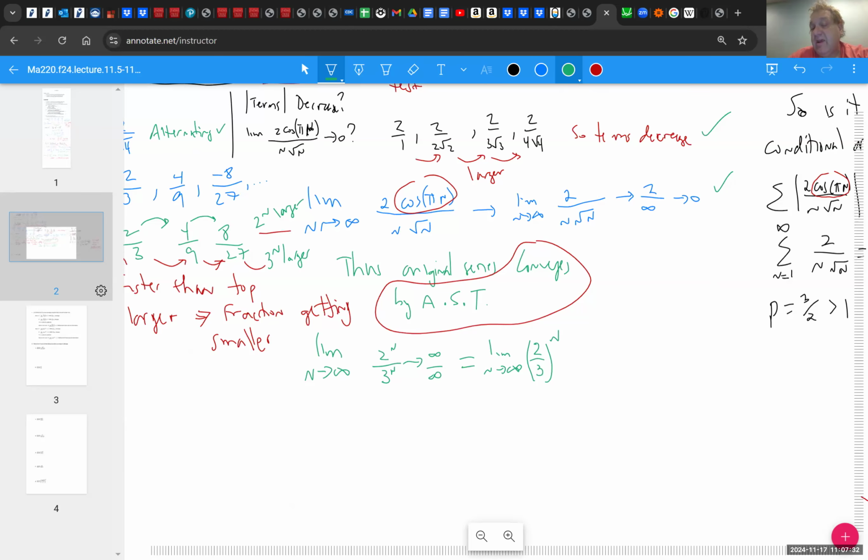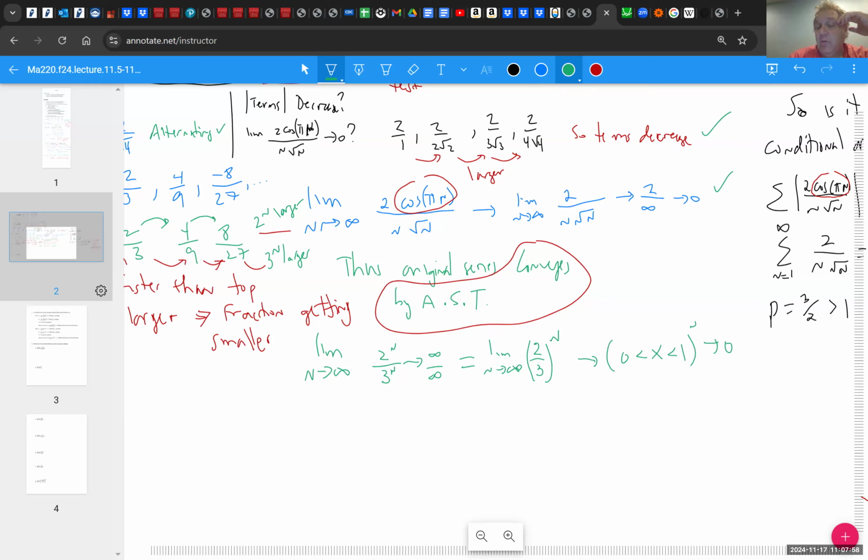So you have a decimal or fraction being raised to the n. You have a number getting smaller and smaller and smaller. So this goes to 0. It's a number between 0 and 1 raised to the n, which has to go to 0.